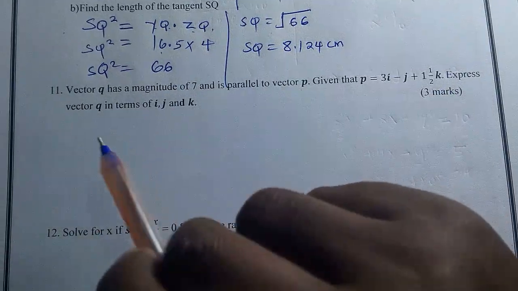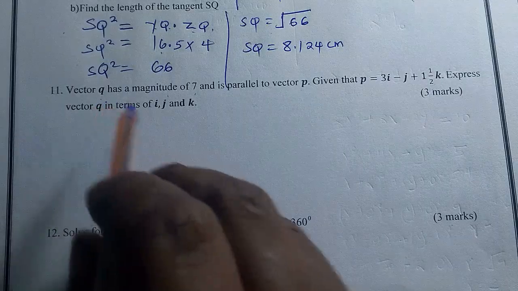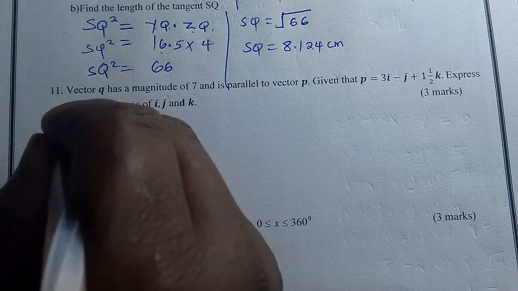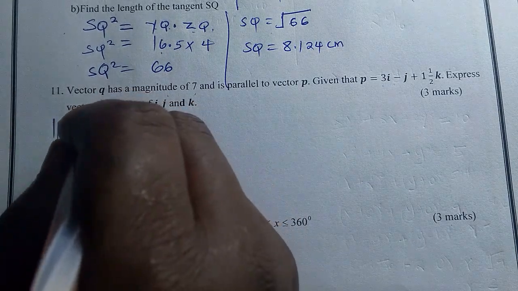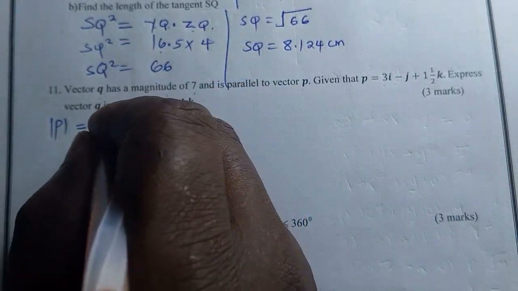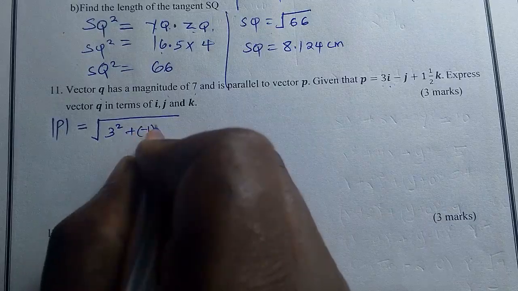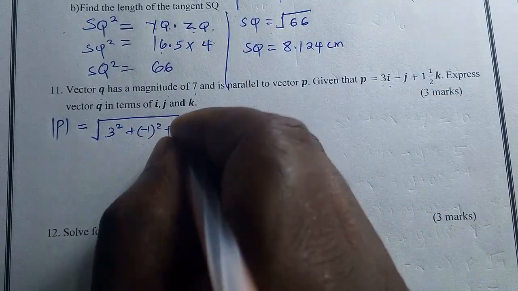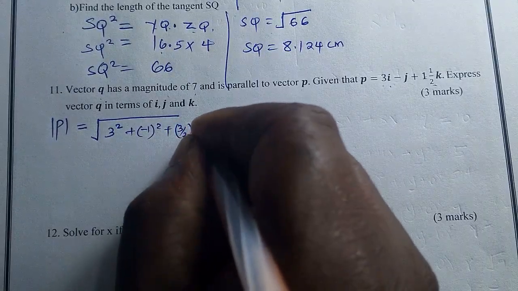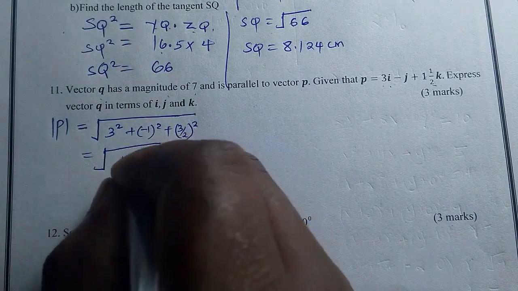So since we have the magnitude of Q and we have P, we can get the magnitude of P. So the magnitude of P is going to be the square root of 3 squared plus negative 1 squared plus, this is 3 over 2 squared. This is going to be the same as 49 over 4.